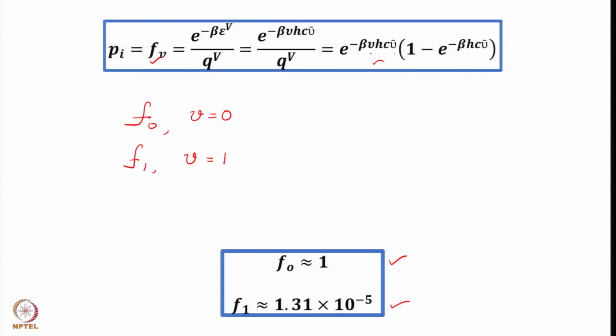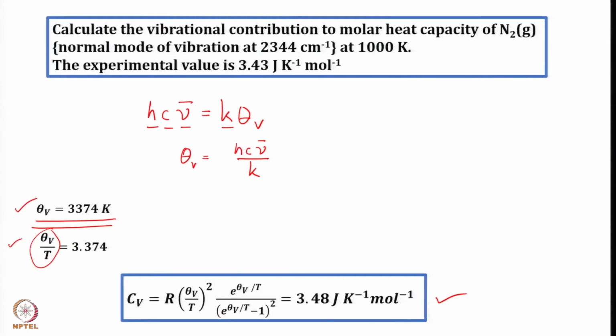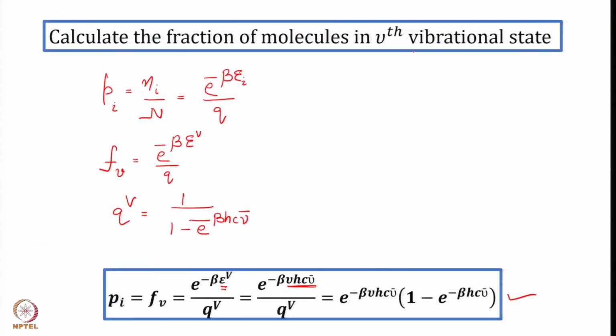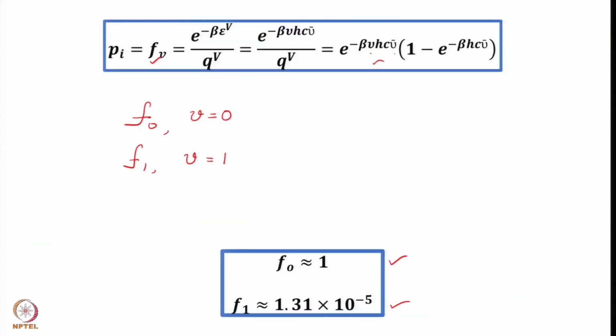It is so small. This comparison suggests that even at the given temperature of 1000 Kelvin, the fractional population in the first excited state is only 1.31 times 10 raised to the power minus 5. That means most of the molecules are in the ground state only.